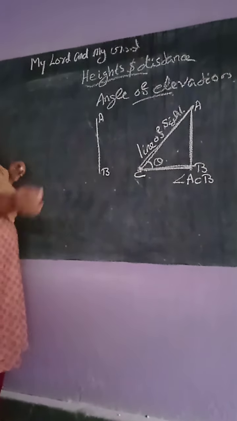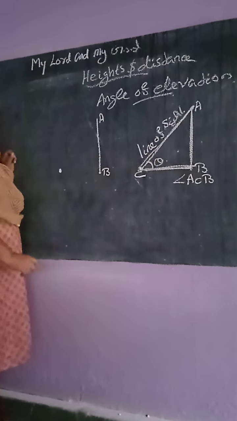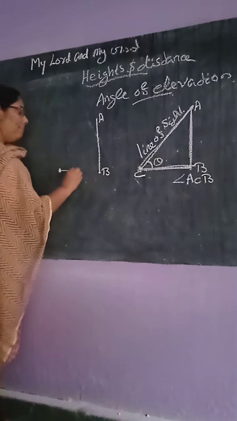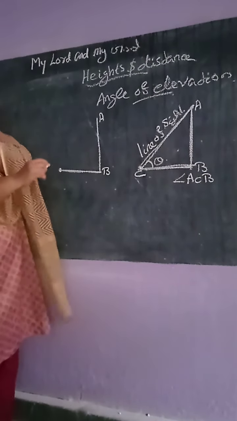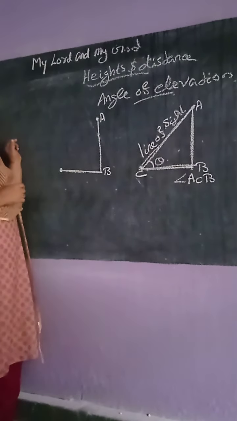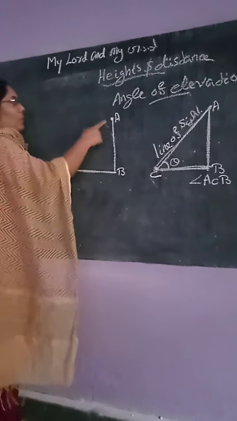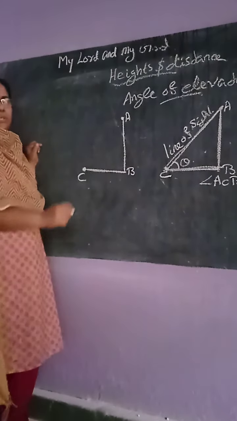Understand? And C is an object. A man is standing on the top of a tower. And he looks at an object on the ground.